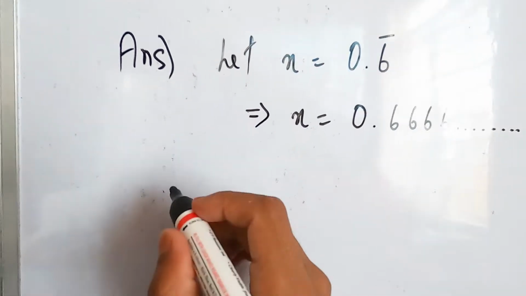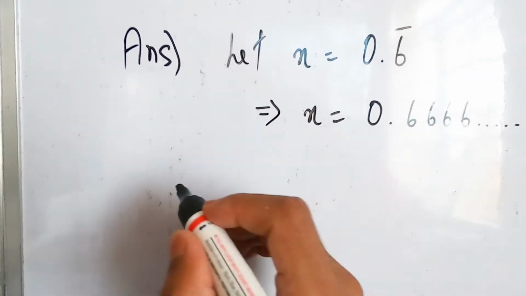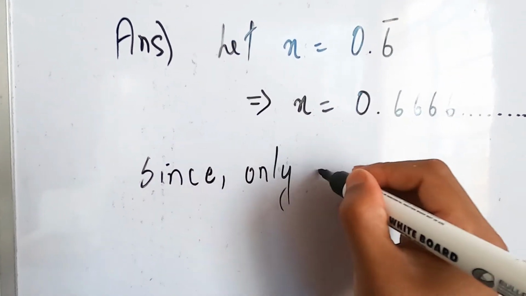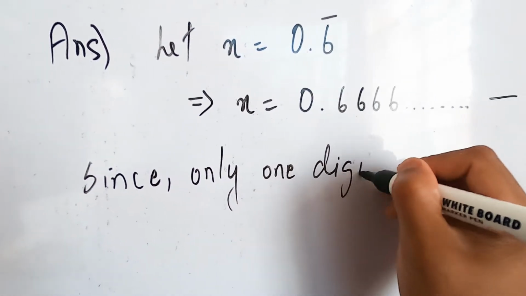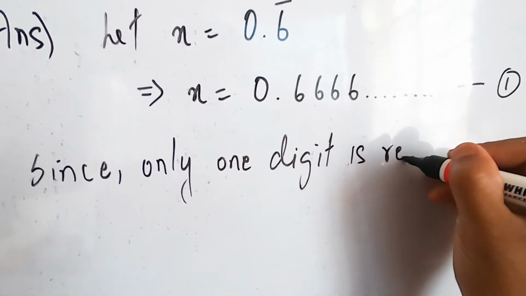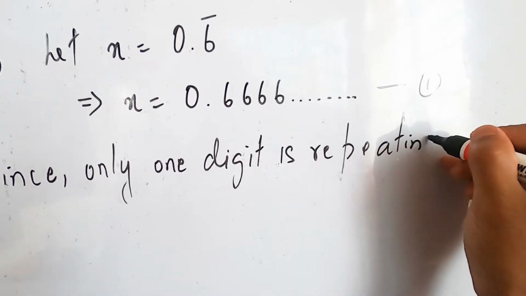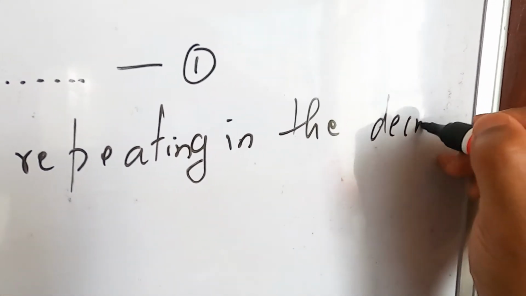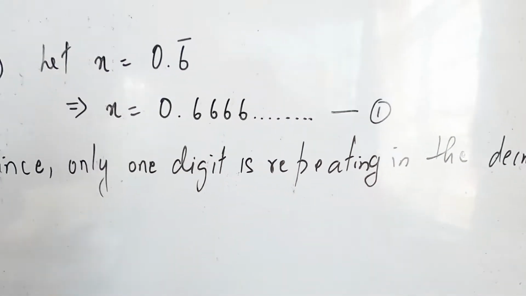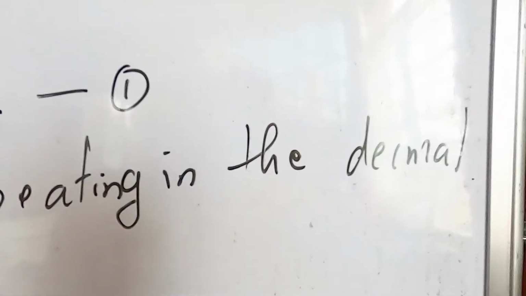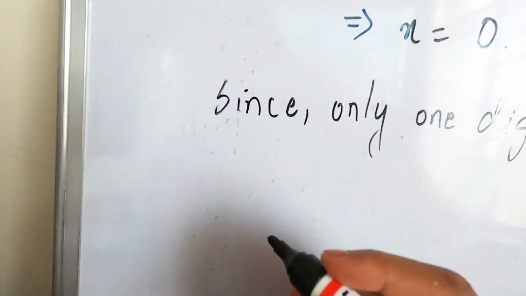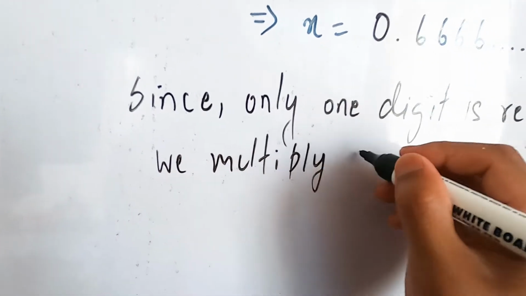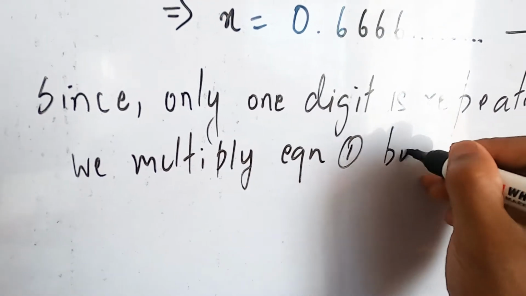Next we will write here: since only one digit is repeating in the decimal, we multiply equation 1 by 10.